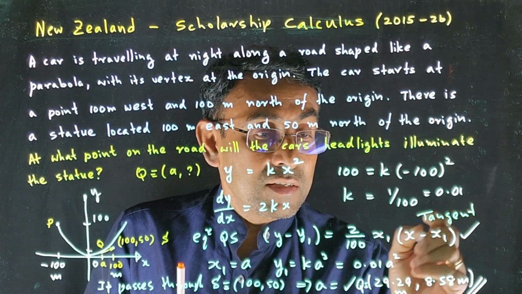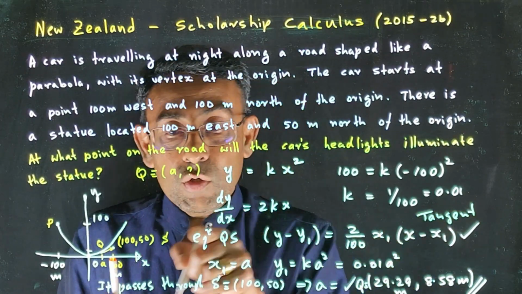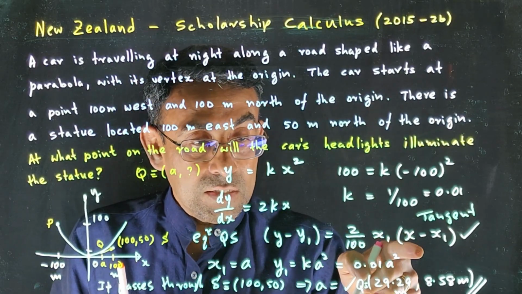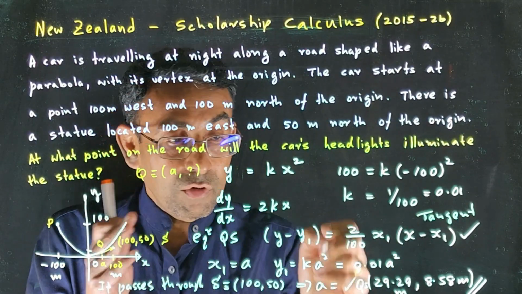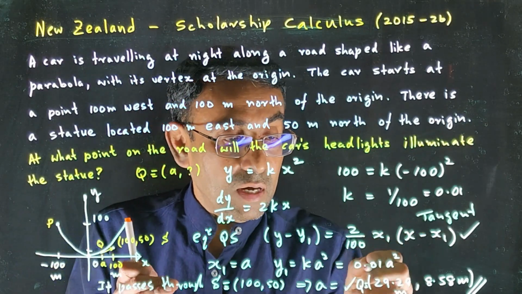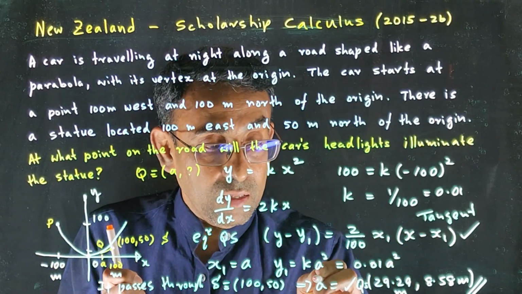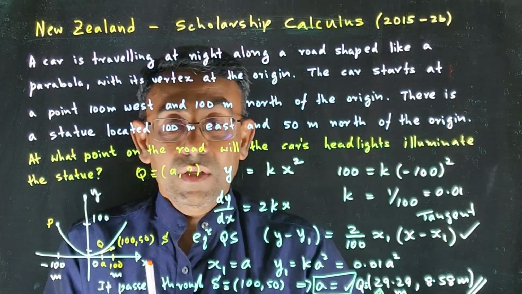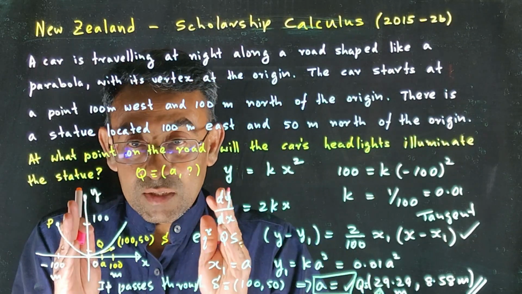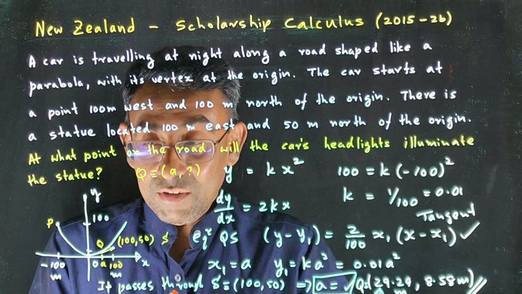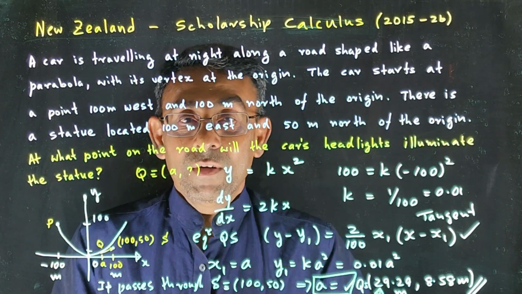If the tangent passes through the statue, you can find the value of the tangent in terms of a, because there's only one unknown. Once you substitute all these values, you get one unknown, a, which can be found. Once you found the value, which is 29.29, please try to get a piece of paper and work on that by yourself, and hopefully you will get through.